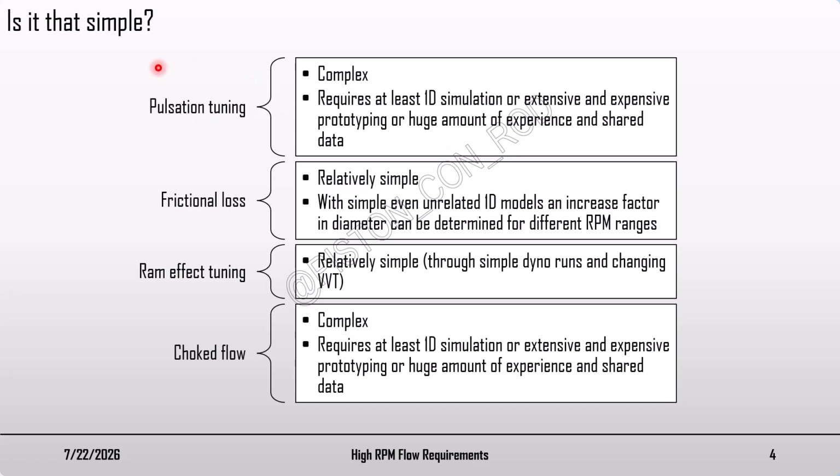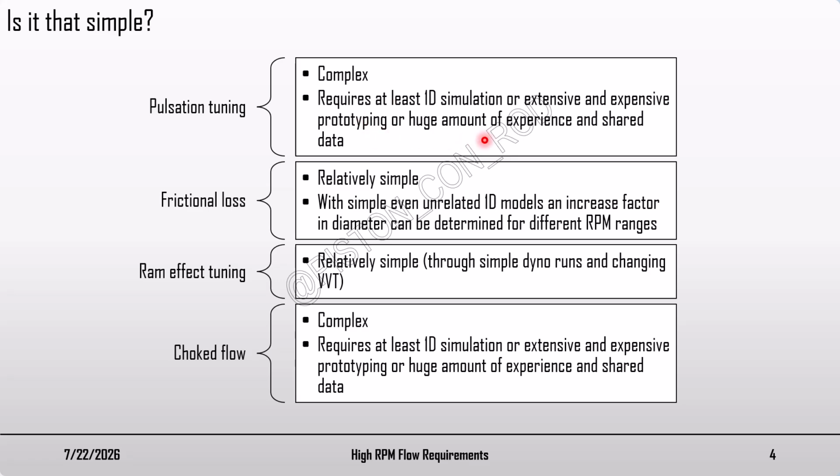So for the pulsation tuning, this is a very complex subject. For us to be able to find the correct values, it requires at least 1D simulation packages or extensive and expensive prototyping, or you have a huge amount of experience and have access to a lot of similar data. What does this mean?